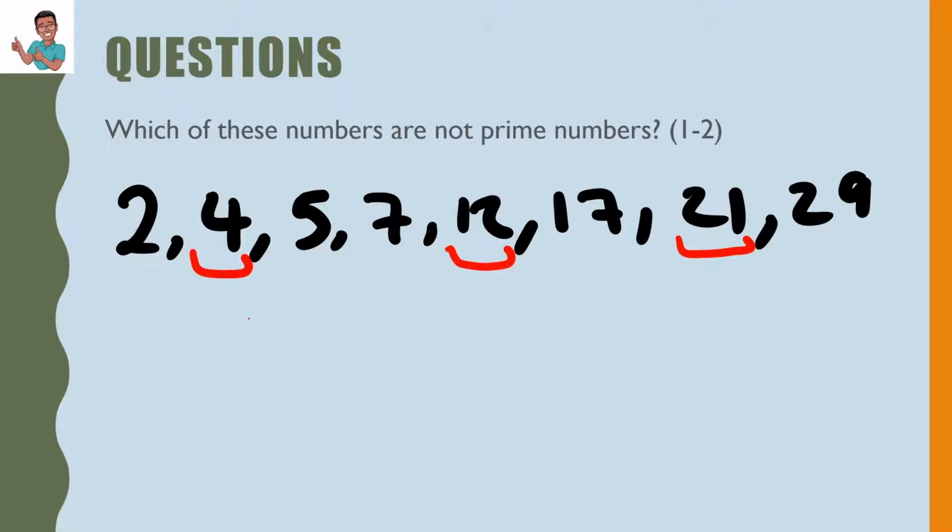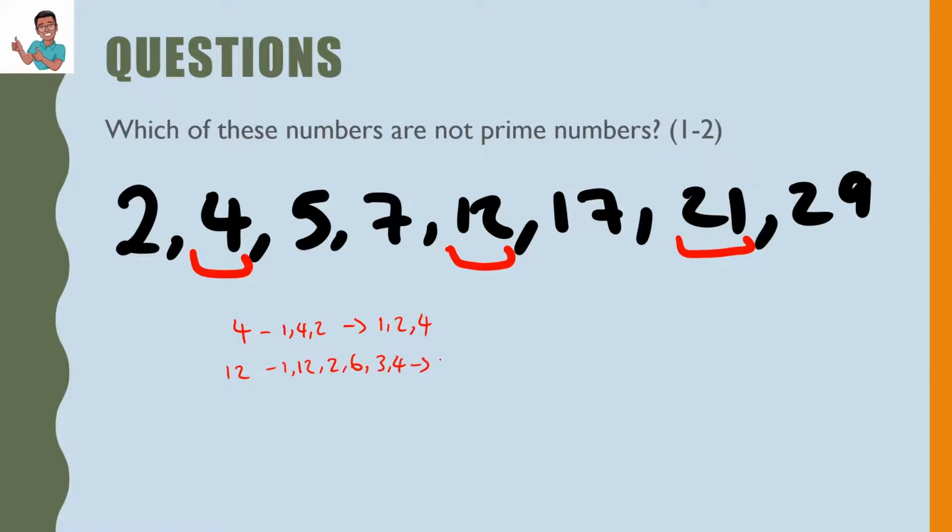Let's prove this. We have the number 4. The factors of 4 are 1, 4 and 2. When we write this, we have to have it in order, so it'll be 1, 2 and 4. The factors for 12 are 1 and 12, 2 and 6, and 3 and 4.